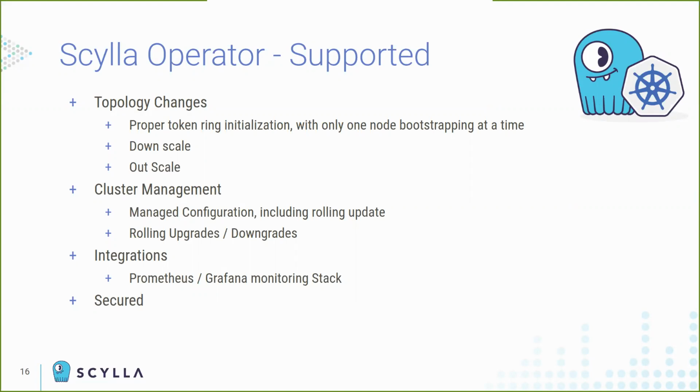As Henrik demoed, we already support topology changes, downscale, and outscale. We support multiple racks, even multiple data centers, but in the same Kubernetes cluster. We support cluster management, like a config map to update the configuration, and doing rolling upgrades and downgrades without downtime.